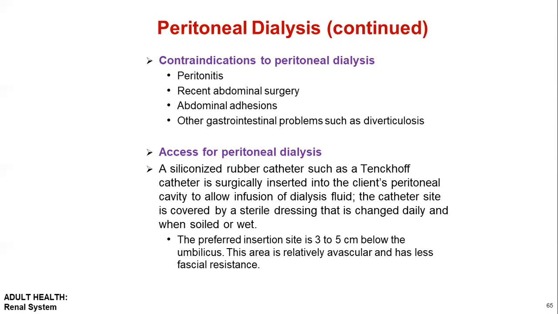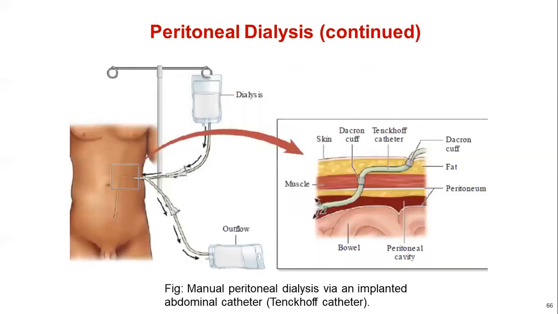Usually we prefer to insert it 3 to 5 centimeters below the umbilicus, and this area is relatively avascular. Which area? The area we choose to insert the catheter. So you see, it is 3 to 5 centimeters below the umbilicus where the catheter is inserted.